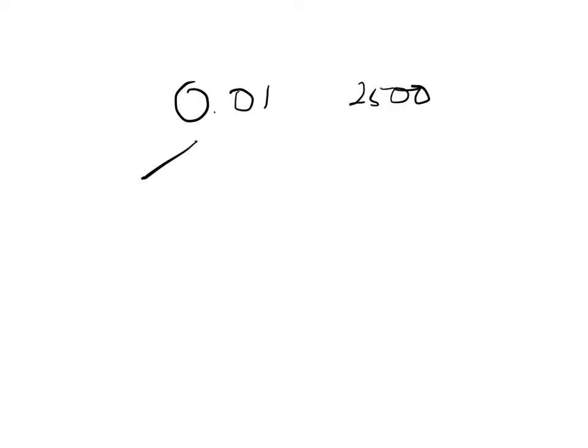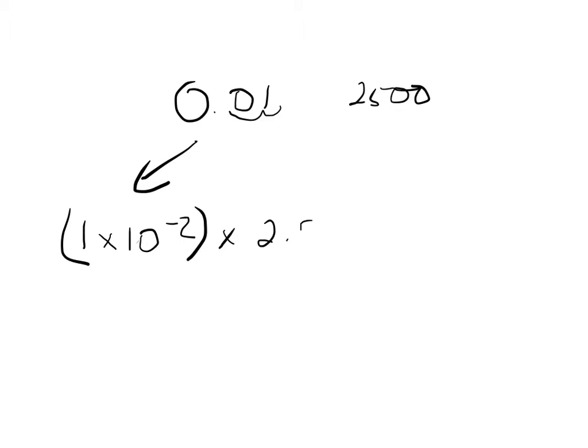So my two numbers are these, so I've got to say 1 times 10, and I had to move it 1, 2, so to the negative 2. Put that in parentheses, and I'm going to multiply it by this number, which will be 2.5 times 10 to the 1, 2, 3, so times 10 to the 3rd. Put those in parentheses there, and now we deal with them. We deal with just the whole numbers.